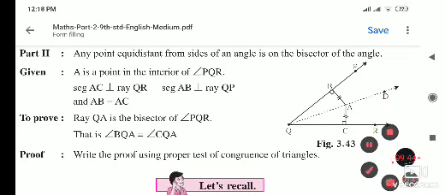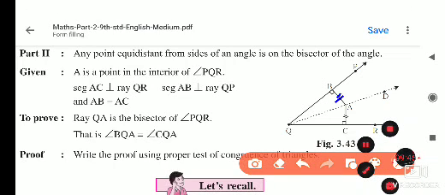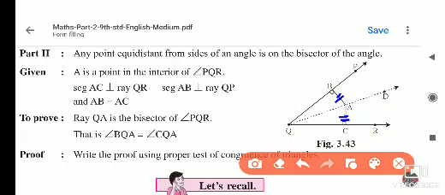In our first angle bisector theorem we proved AB is equal to AC, but here AC is equal to AB is already given, and we have to prove that QA is an angle bisector. From this information we understand that it is the converse of the angle bisector theorem.